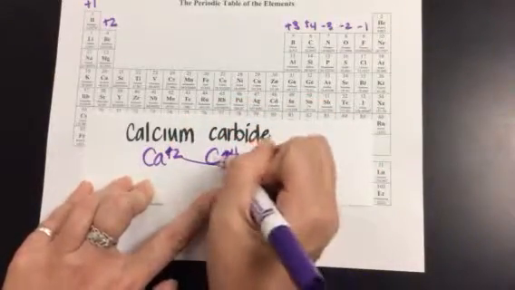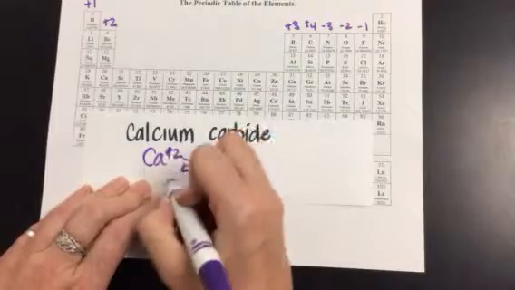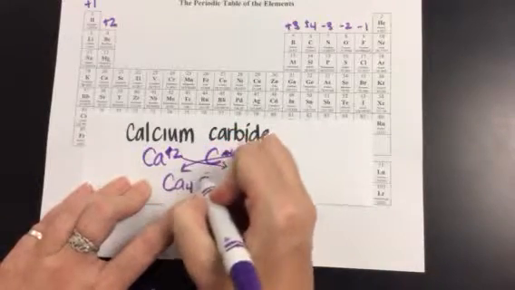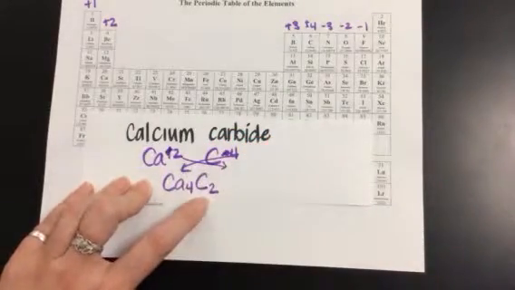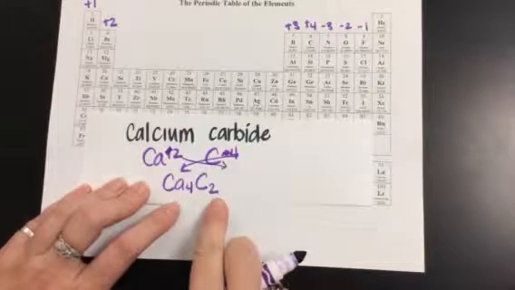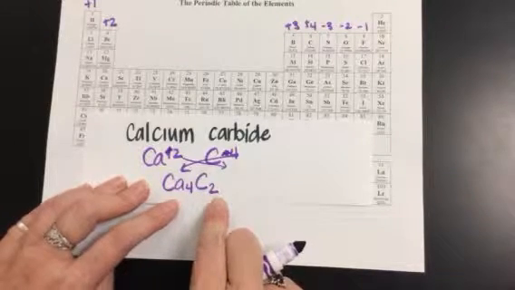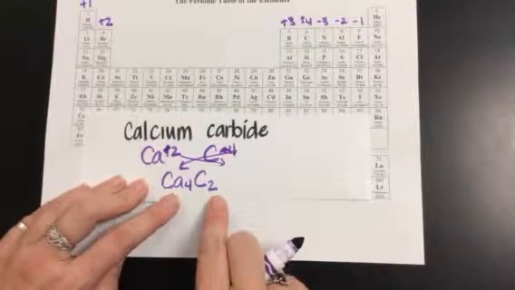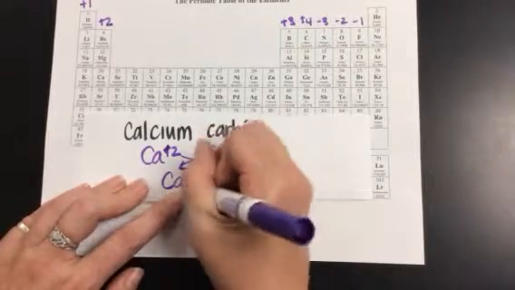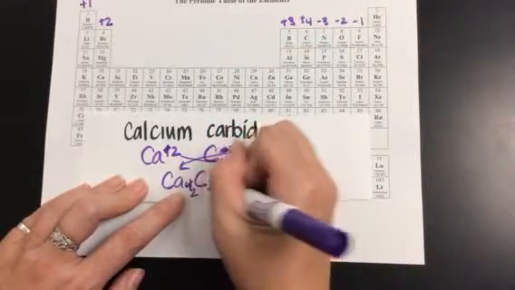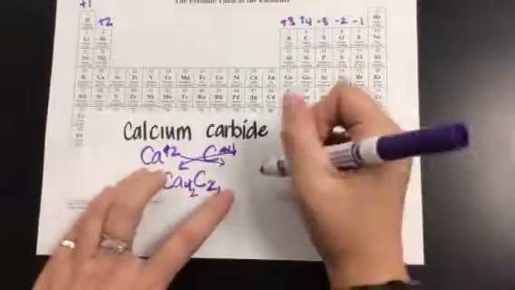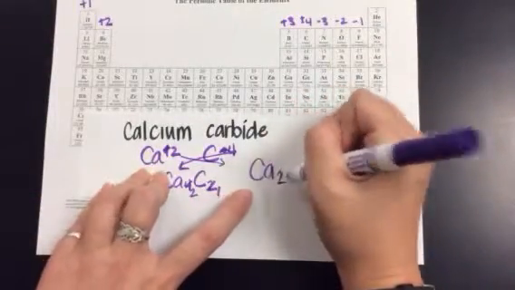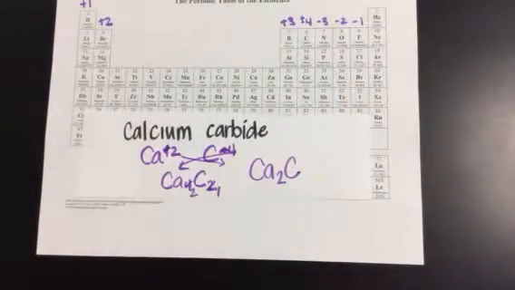This 2 travels over here, the 4 goes over here, so it makes Ca4C2. But my 4 and my 2 are both divisible by the same number, which is 2. So I need to reduce this down. 4 divided by 2 is 2. 2 divided by 2 is 1. So that's going to give me Ca2C for my final product.